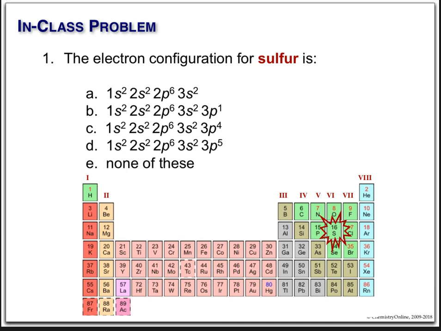Now, what does that mean? That means that the first period is completely full. So 1s is going to have 2 electrons. Well, A, B, C, and D are all correct.